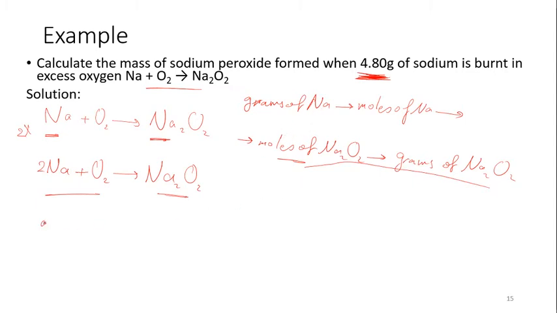First, my grams of sodium peroxide would be equal to, like I said, I have to use grams of sodium, which is given as 4.8 grams of sodium, multiplied by a conversion factor to convert the grams of sodium into moles of sodium.